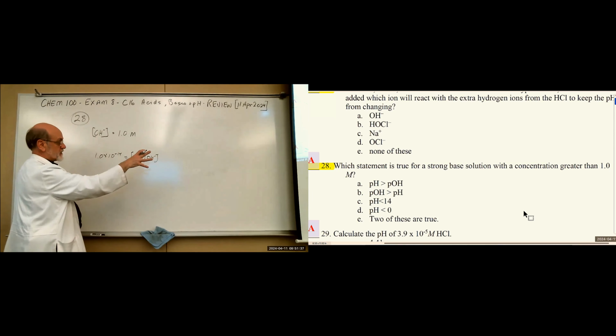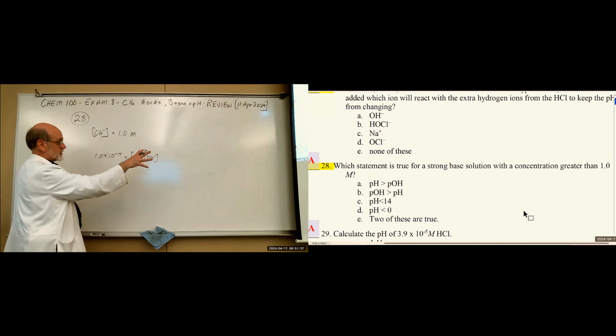Now, pH is greater than pOH. Which statement is true for a strong base solution with a concentration greater than 1 molar? pH is greater than pOH. Okay. So if we do the p transformation, then what's the pOH? The pOH is the negative log of 1, right?